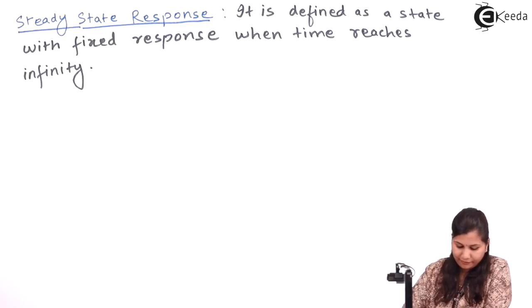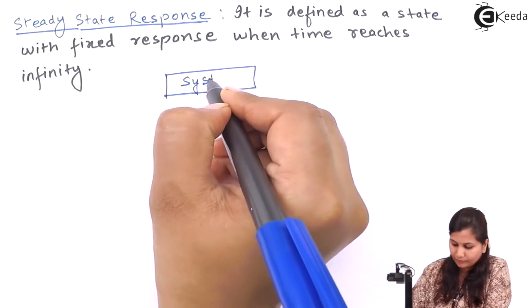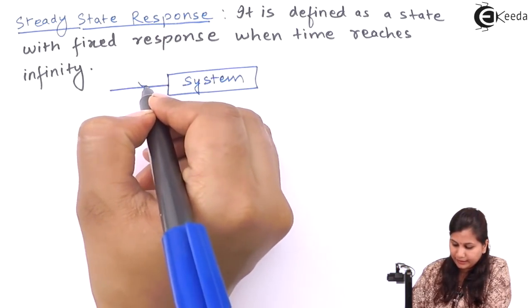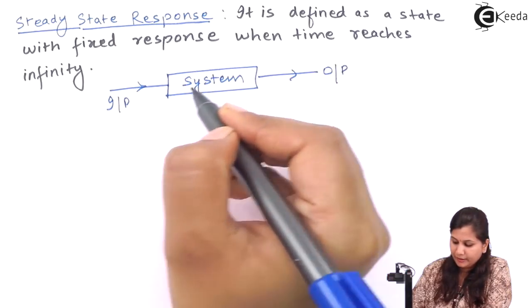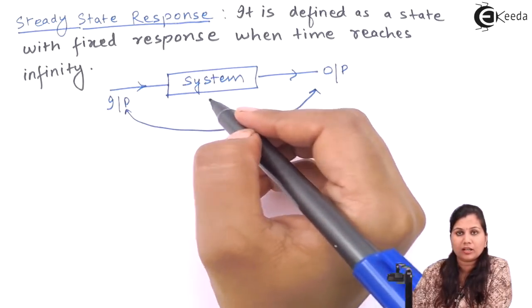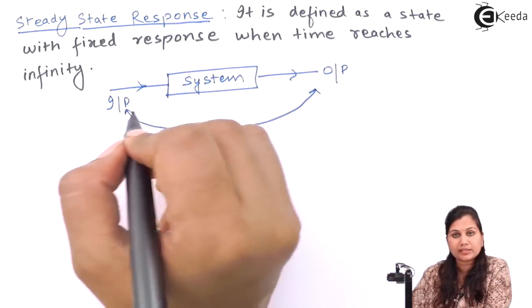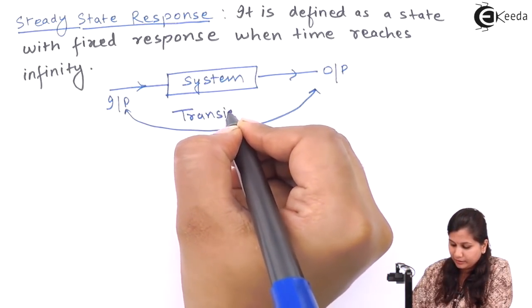When we apply an input to the system and get the output, in between these two states the system is changing, that is, the variables are changing. So that part is the transient.